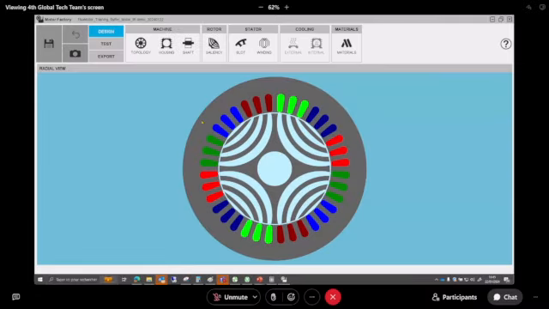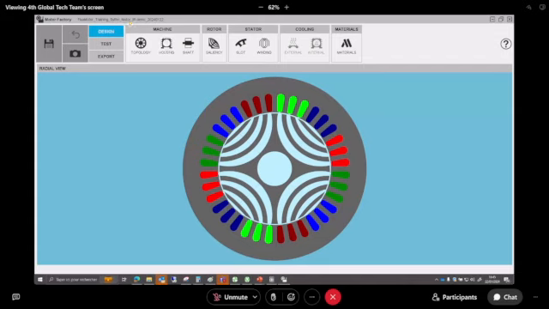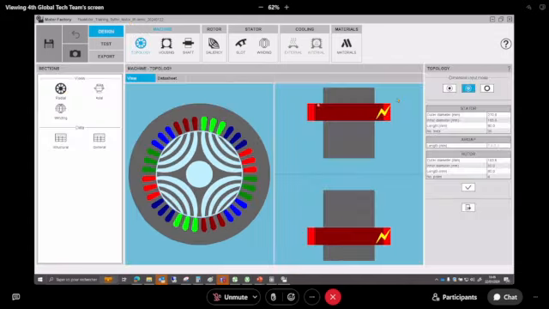Okay, so here, the Flux Motor philosophy is really easy to understand. Let's start from the top to the bottom for this part: design, test, and export. Then the design is from the left to the right, and you will start from the topology.